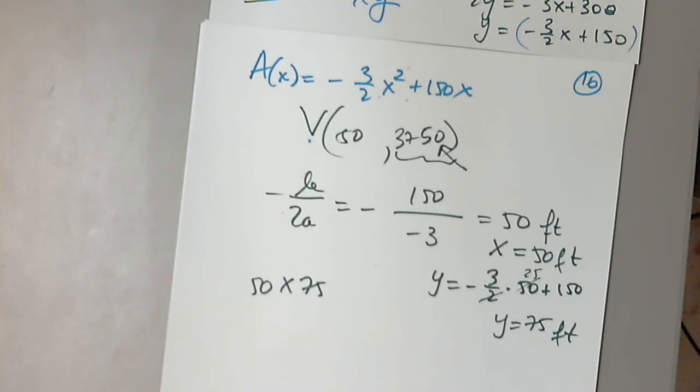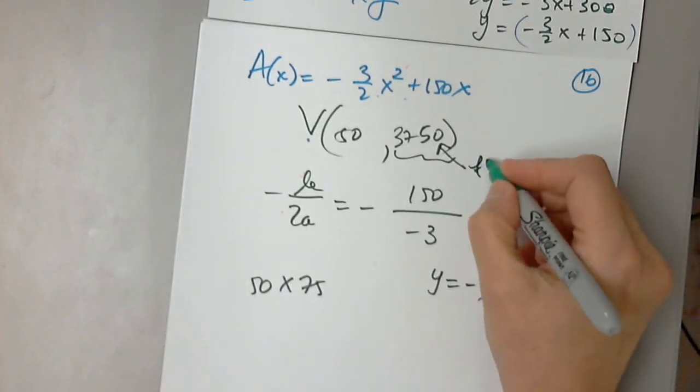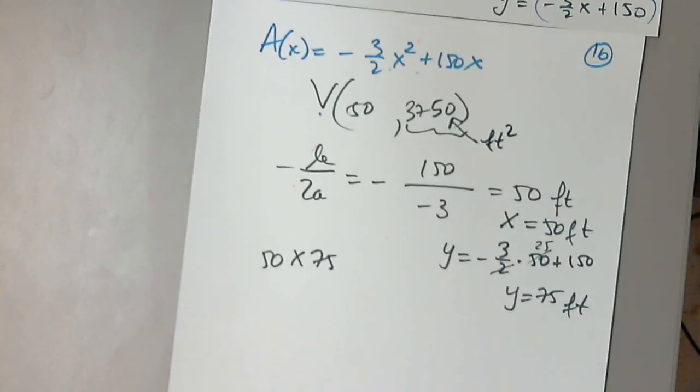The dimensions that give the maximum area of 3,750 square feet are width 50, length 75. So this is in square feet. So please on the test, please remember to put measurement units at all times.